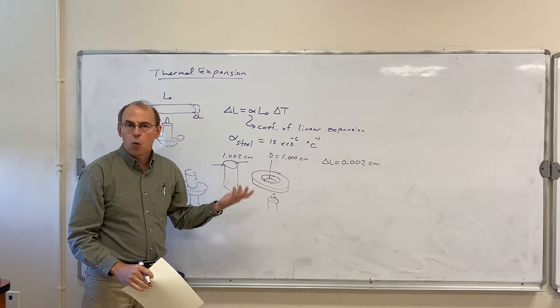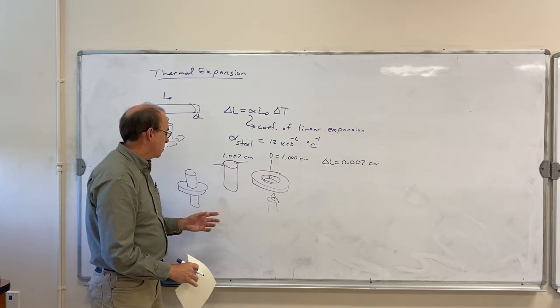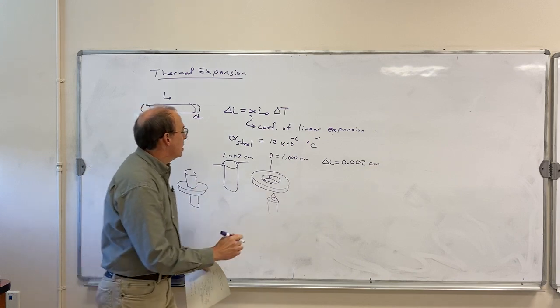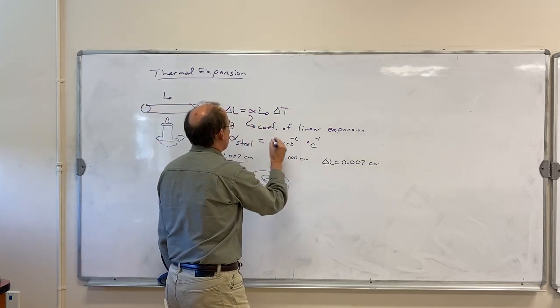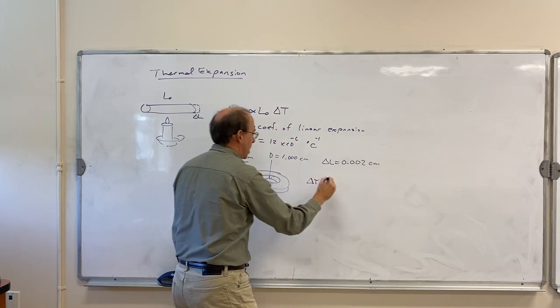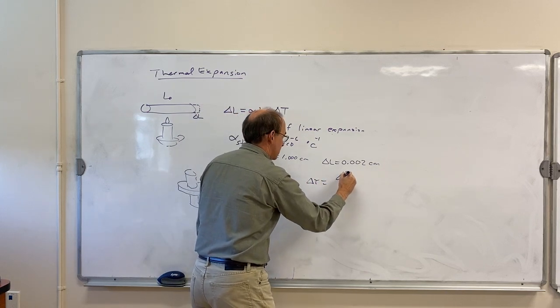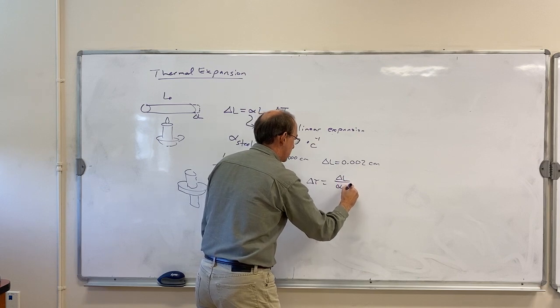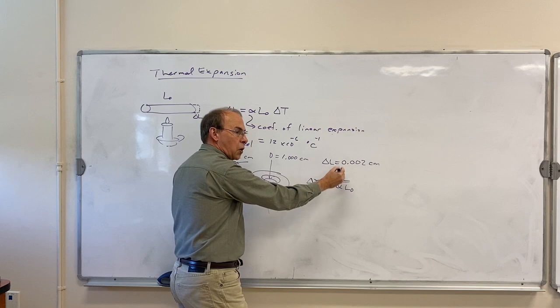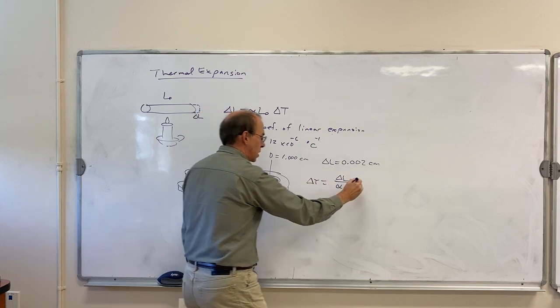I really need to heat it more than that. This will tell me the minimum temperature for it just to fit. Then I'd have to heat it more. Using this equation, my temperature difference will be delta L over alpha L naught. Since I have a delta L over an L, I can use them both in centimeters, and the centimeters will cancel.